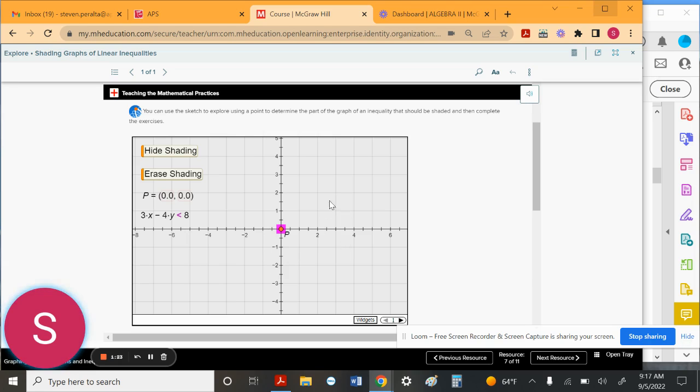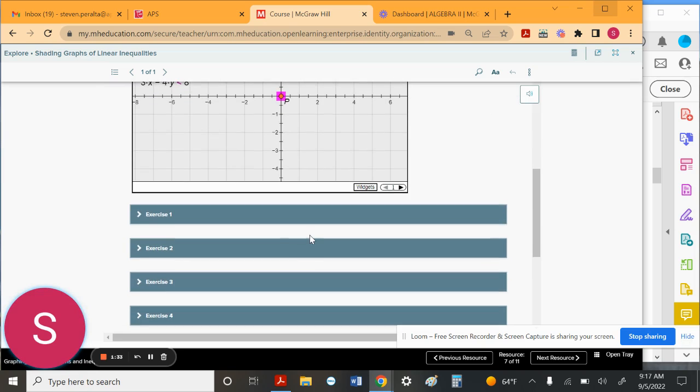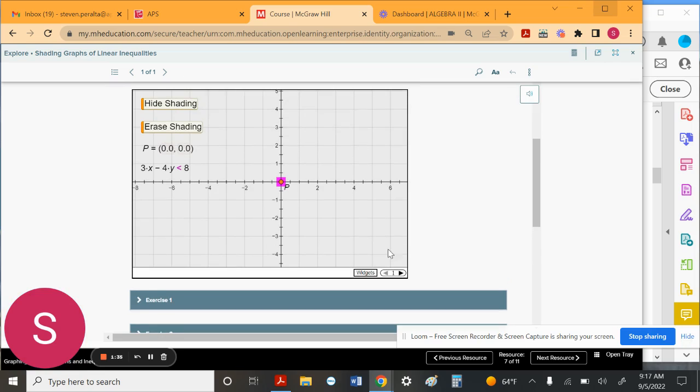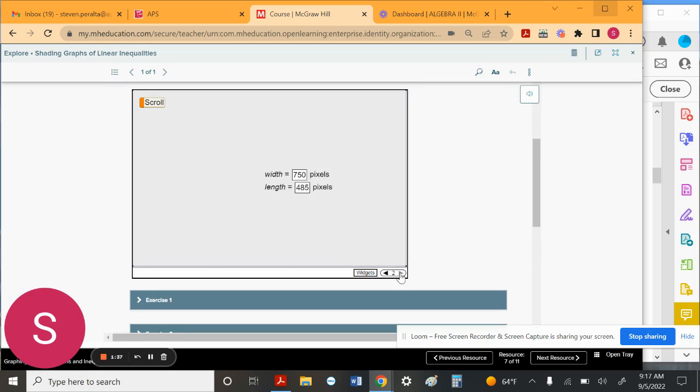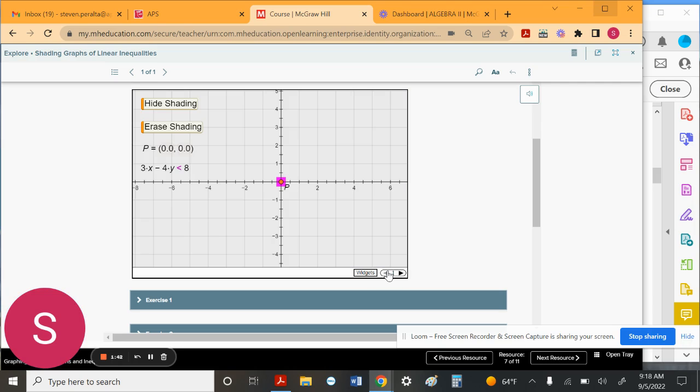It's going to look like this, and it's going to be less than 8. But I have to figure out 0, 0. I'm going to shade on this side of the equation. I'm not sure where I'm supposed to go. Maybe I'm supposed to just go to the next one. Okay, never mind.